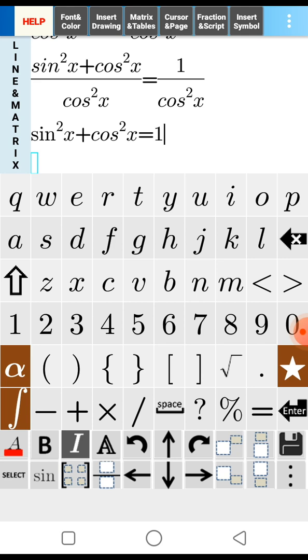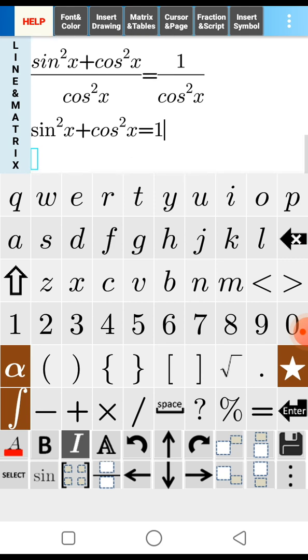As you can see on the left hand side, our numerator is going to be 1. Sine square x plus cosine square x is equal to 1, as I said.